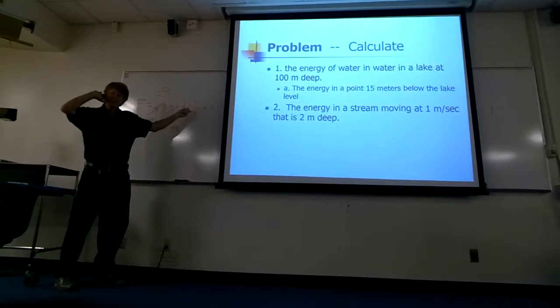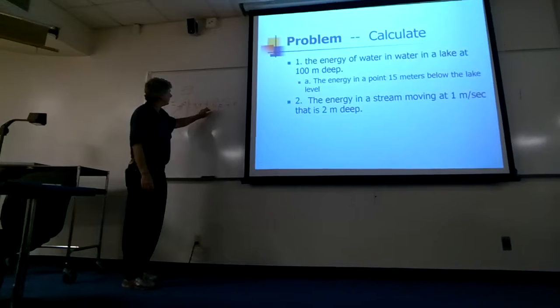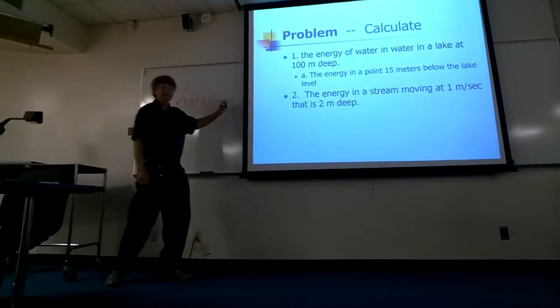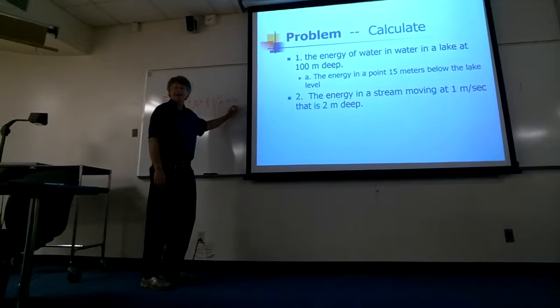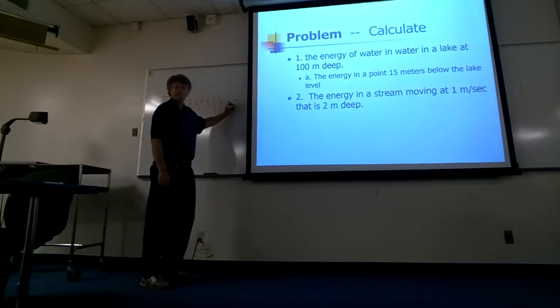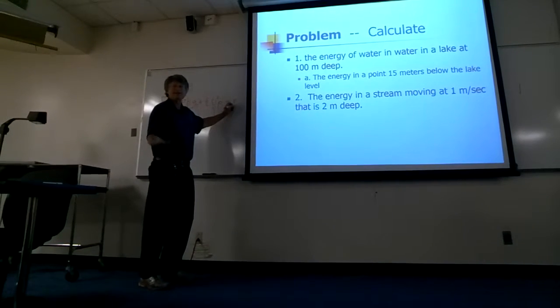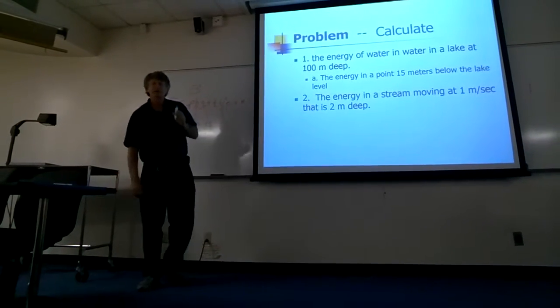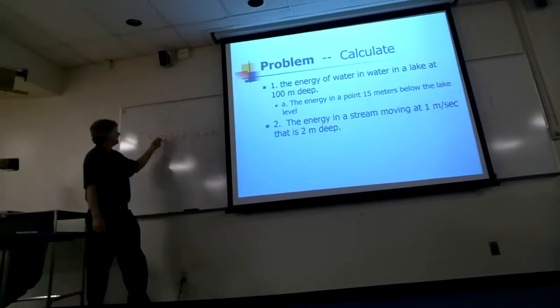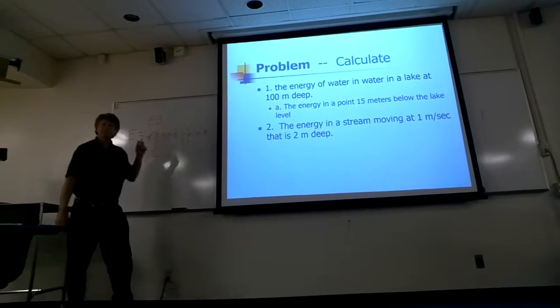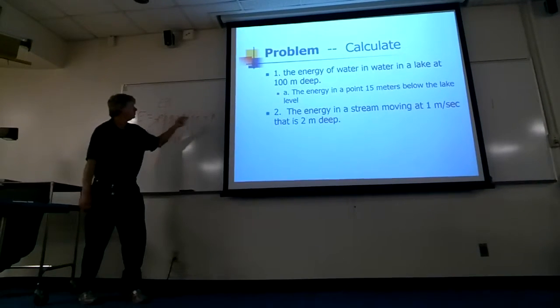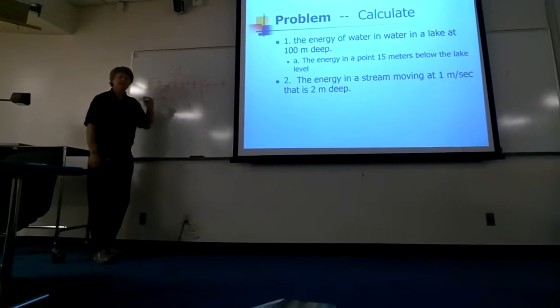Somebody? 0. Yeah, this is 0 because we're in a lake. And what about this? 0. Yeah, if we're at the top of the lake, it's 0. If we're at the bottom of the lake, that's 0, and that's the same. So these two add up to this at the top of the lake.